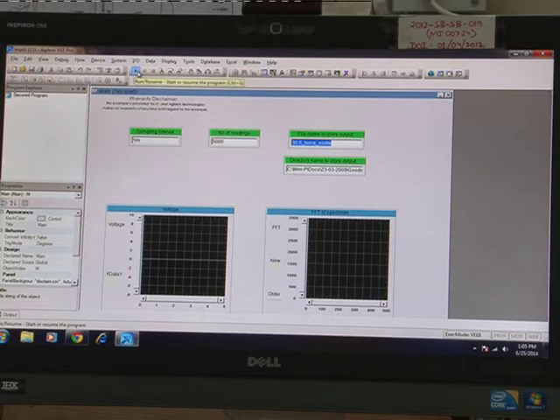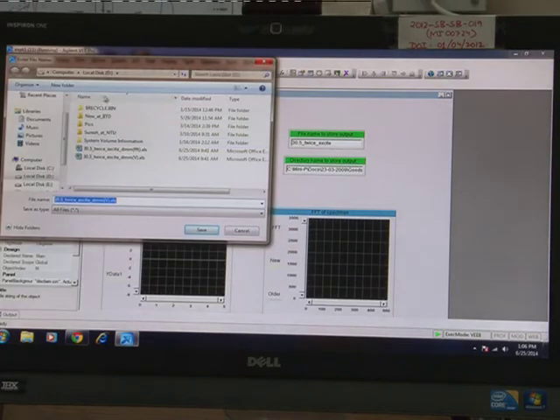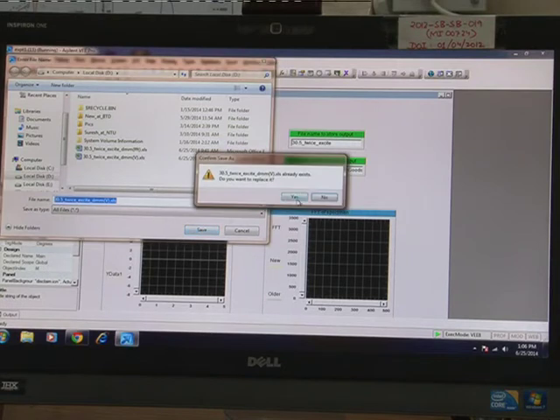When he clicks the button play, I have already given 1 millisecond sampling and the total number of readings 5000. So, when I click this button play, it again asks me the name and the path of the file. I will keep it the same.